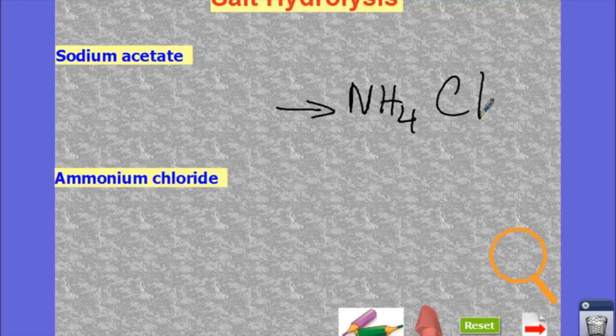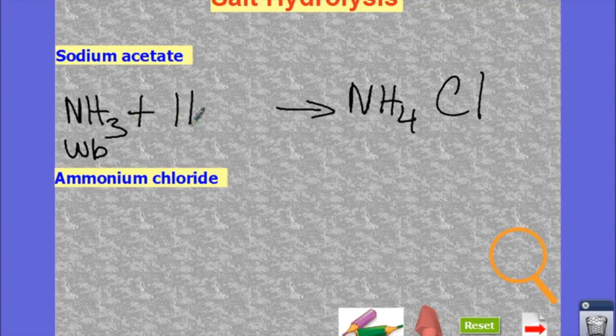It is an ionic compound made of a cation and an anion. That cation came from NH3, which is a weak base, plus this anion comes from a strong acid.